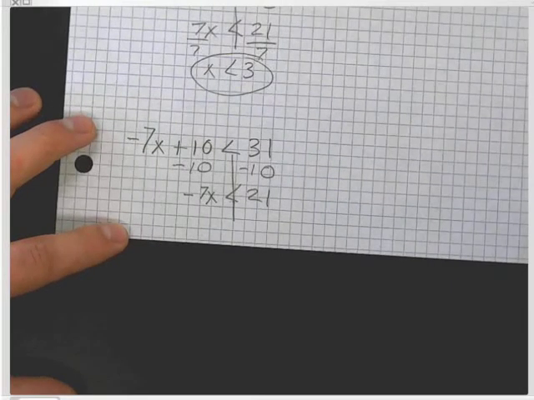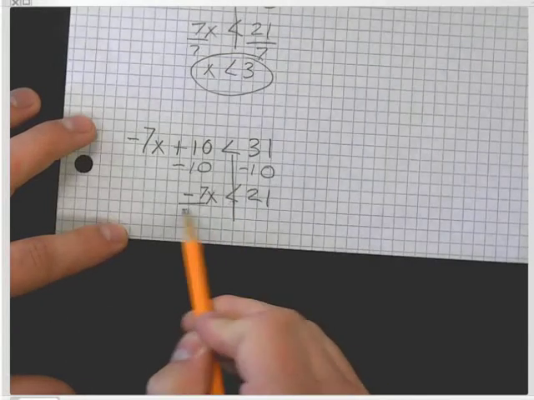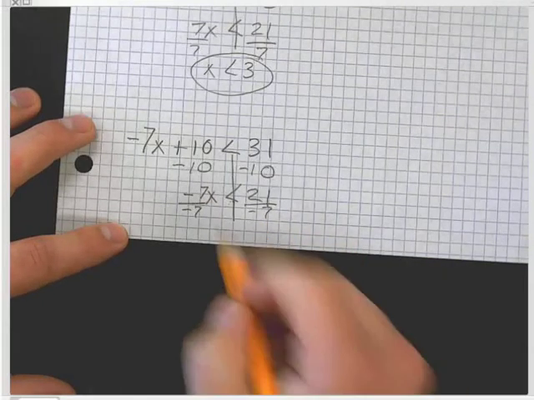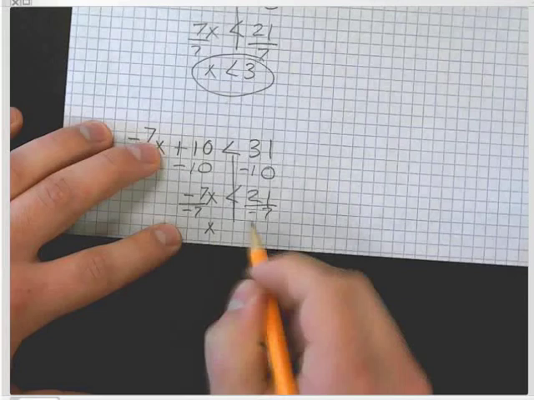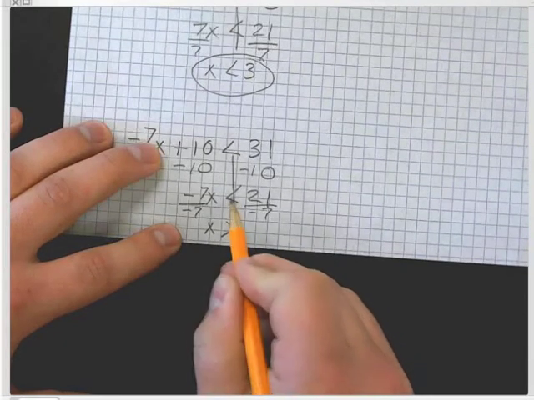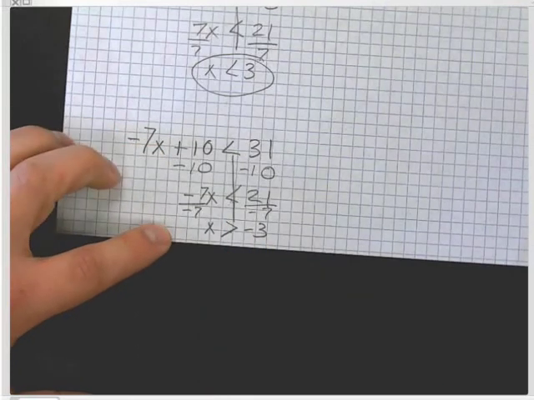That needs to change. You need to change your behavior, and we have to change the sign. So when I divide by a negative 7 on both sides, I have x, and I need to change the sign. See how this is a greater than sign now, not a less than. Negative 3.